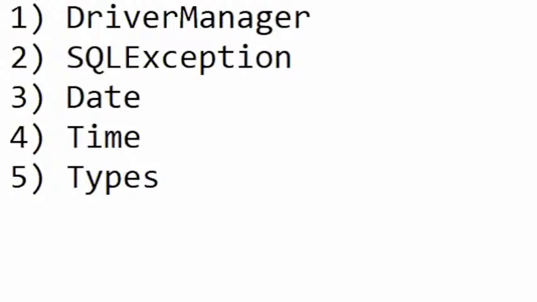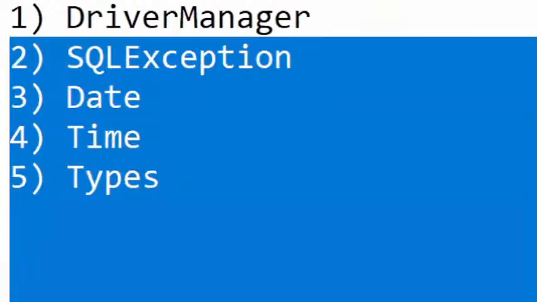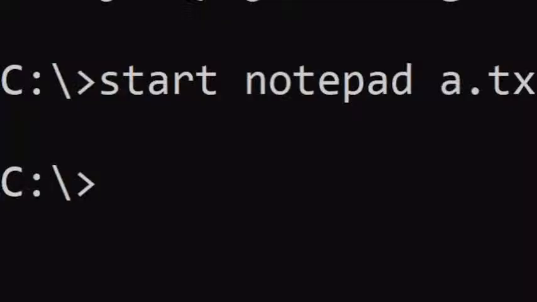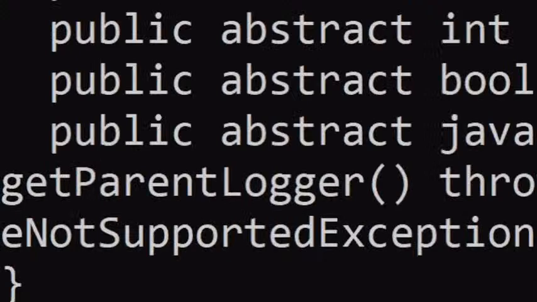See, an interface is a collection of public static final variables and public abstract methods. These interfaces contain all abstract methods. If I open, how to see this? javap java.sql.Driver. See the methods, abstract appears.